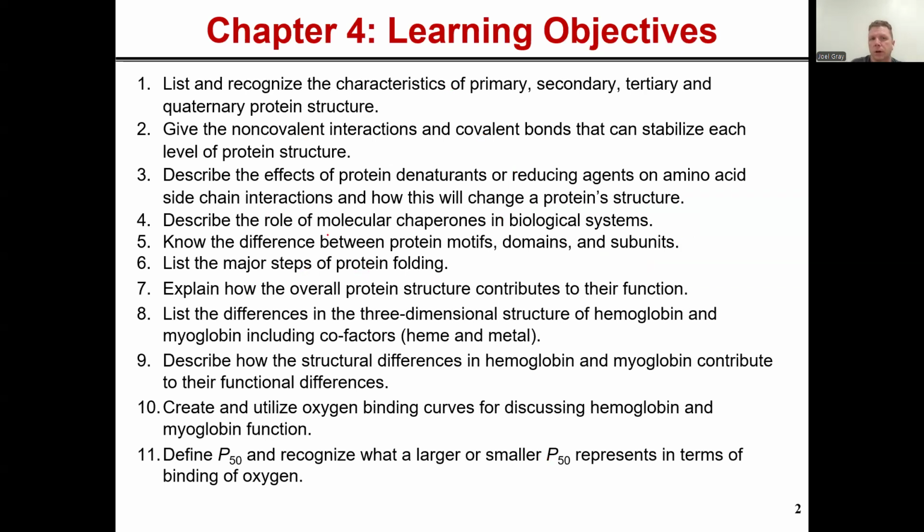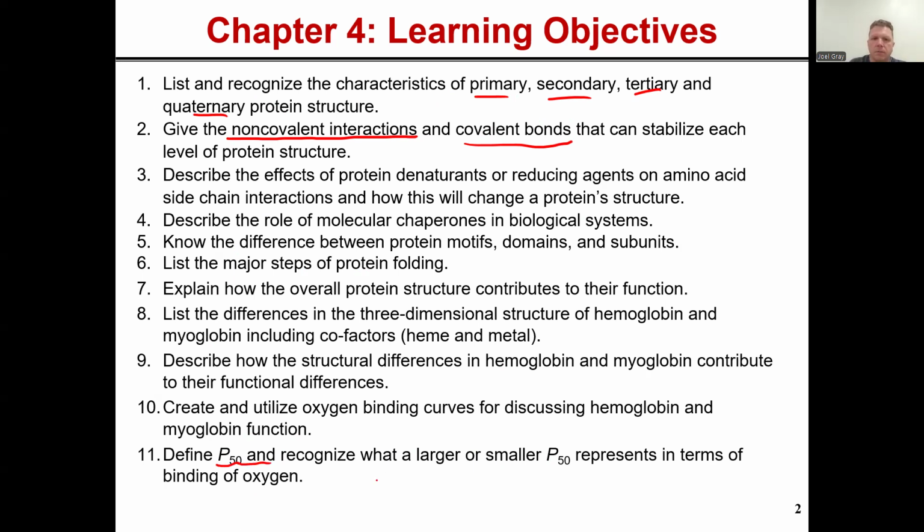There's some things about different types of interactions. Those are definitely a big part of this chapter: non-covalent interactions, covalent bonds, your different levels of structure: primary, secondary, quaternary structures. And then there's some items about P50, so hemoglobin's affinity for O2.